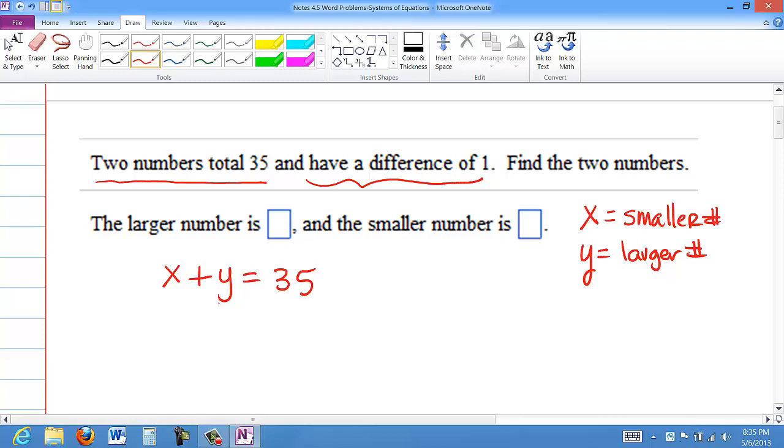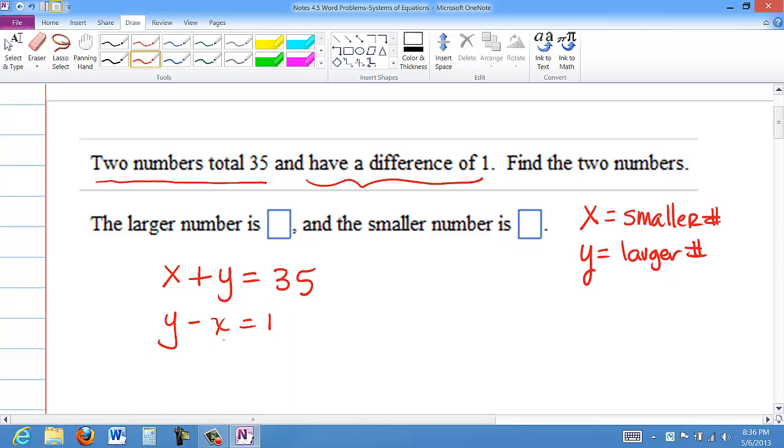So another equation would be, since it's a positive one though, I have to take the larger number minus the smaller number. So y minus x is 1. So it matters in this difference as to which number comes first. If this had been a difference of negative 1, then I could have done x minus y.